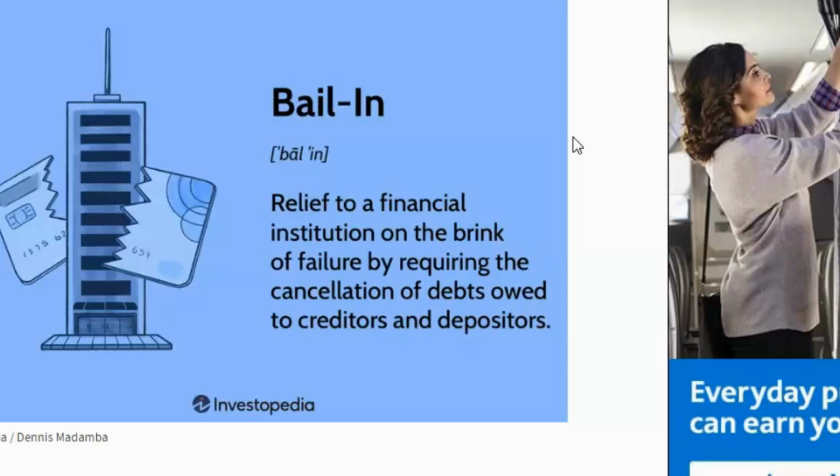Of course, there is FDIC insurance for deposits at a bank, certain deposits at a bank up to $250,000 as of the creation of this video. Now, that would mean that anything above $250,000 would not be insured.